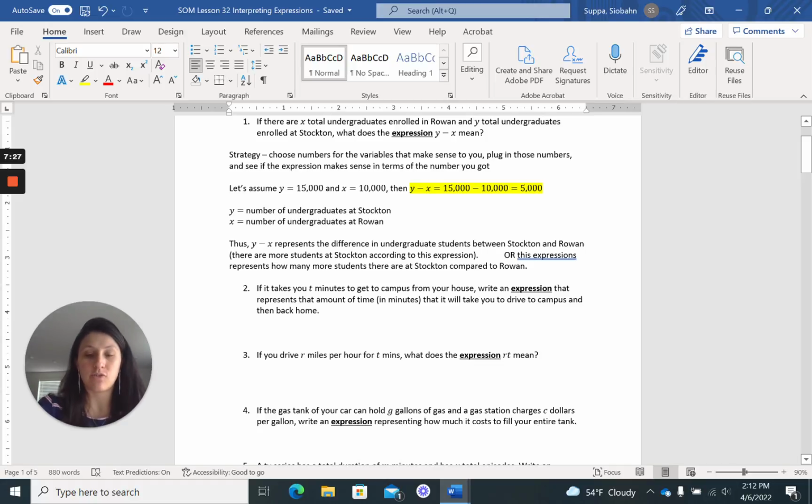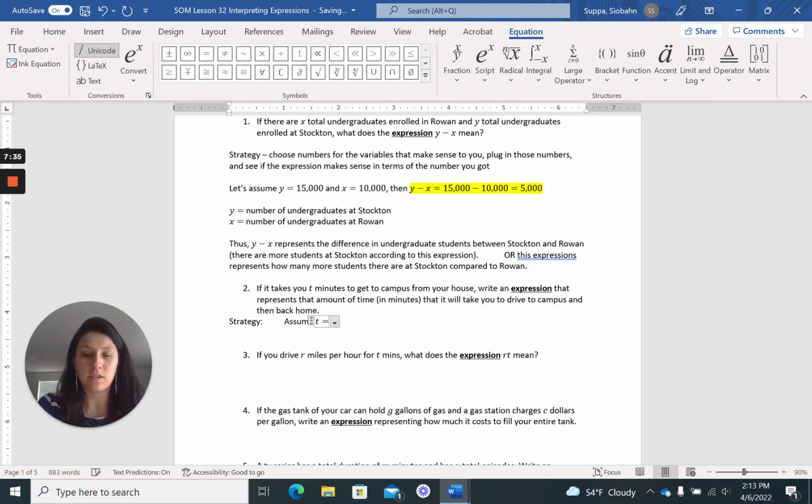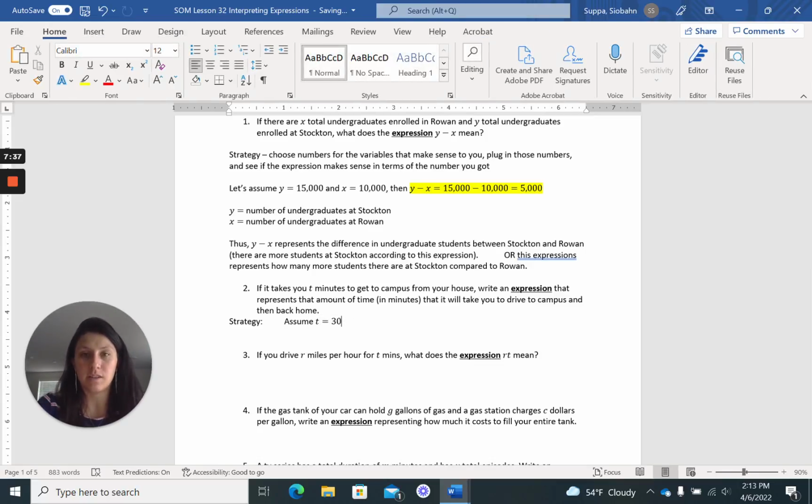Okay, so again, my strategy is to plug in a number. So assume that T equals, let's just say 30. Maybe it takes you 30 minutes to get to campus. So how much time would it then take you if you went to campus and then you drove back home?